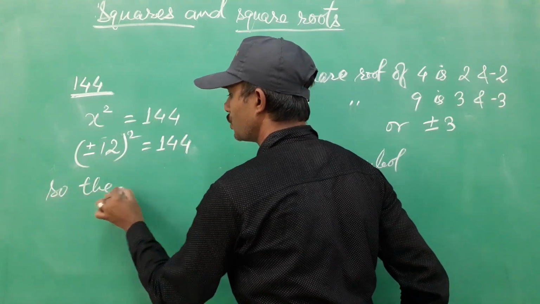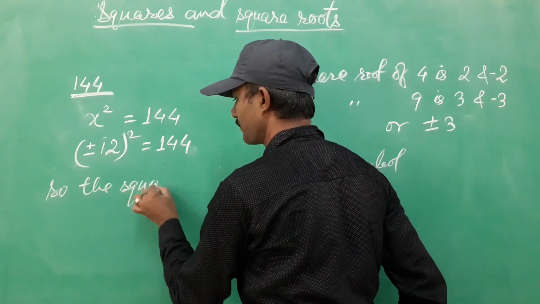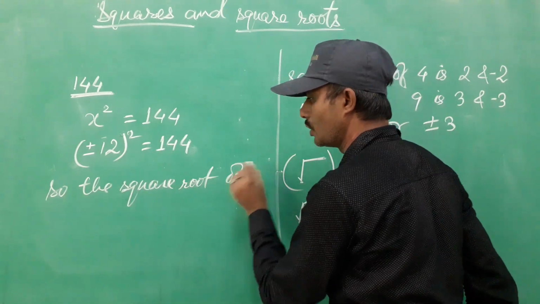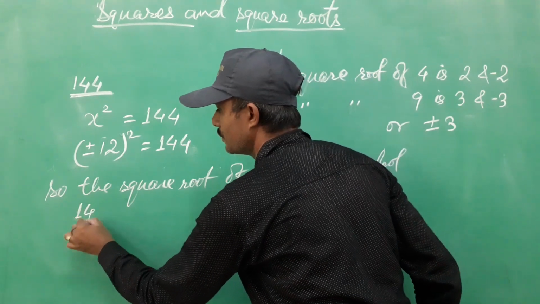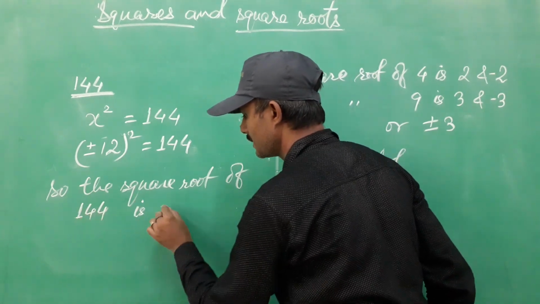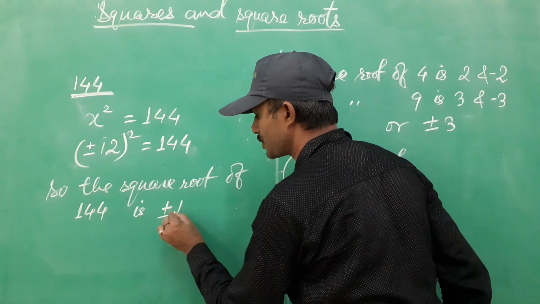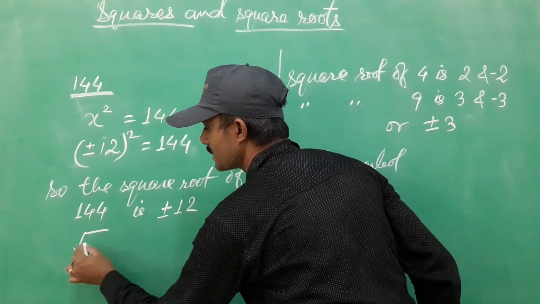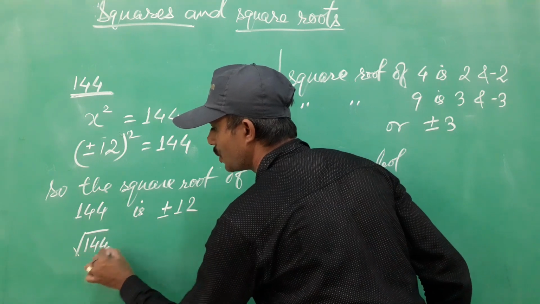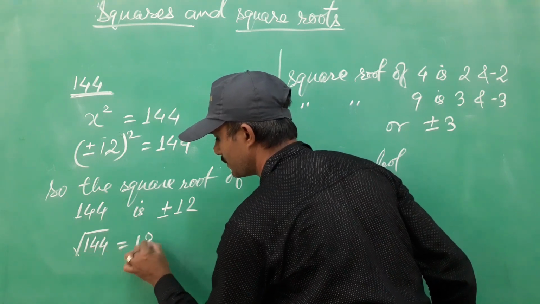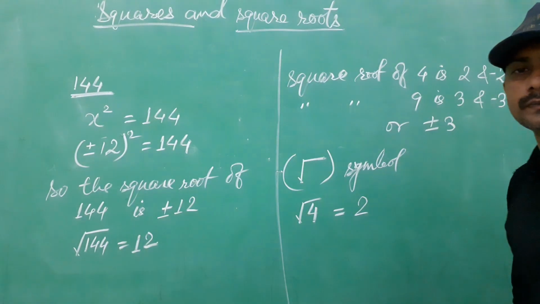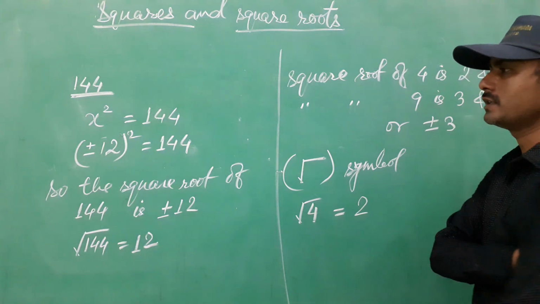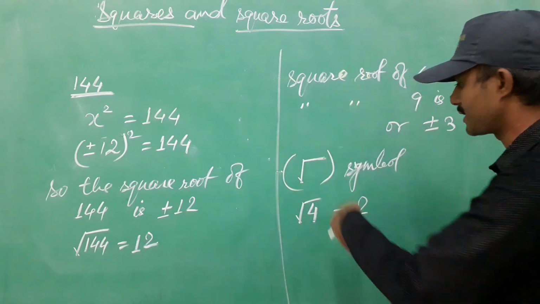So the square root of 144 is plus 12 or minus 12. But if the question is square root of 144 with the symbol, it is only plus 12. So this is how we find the square root of a perfect square.